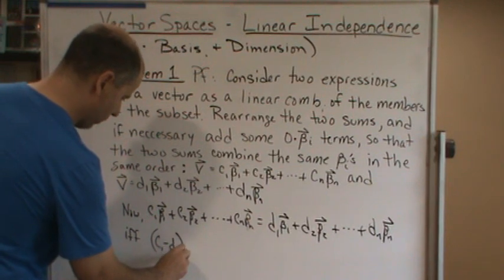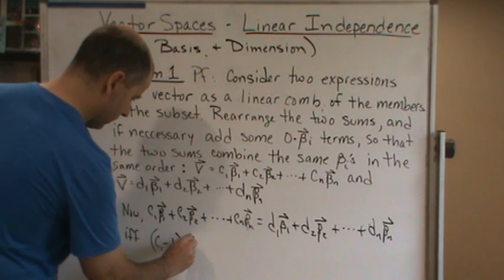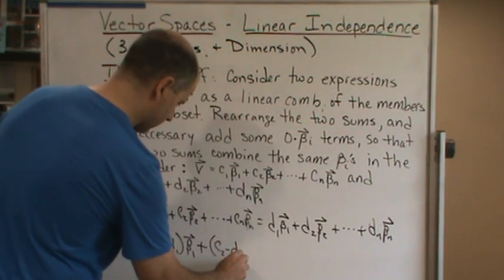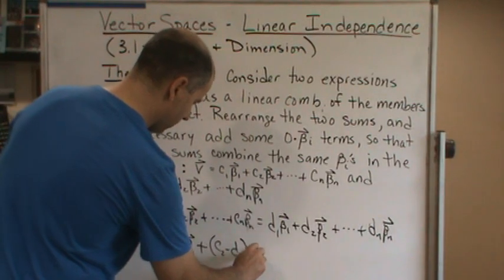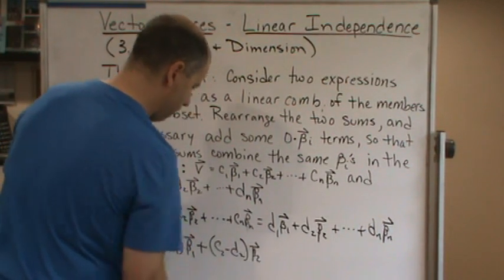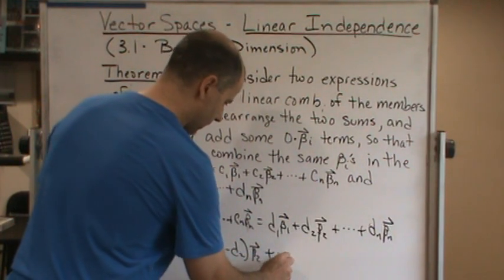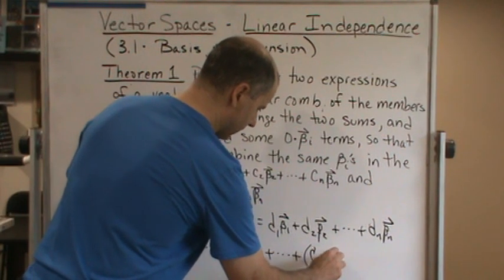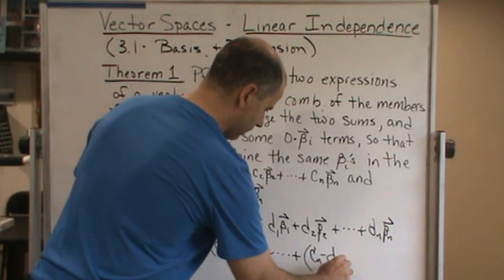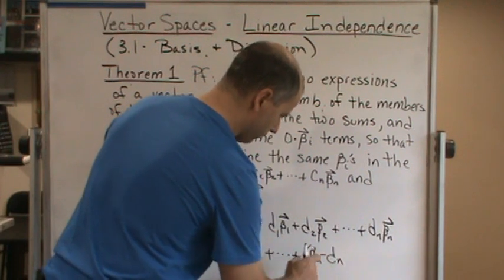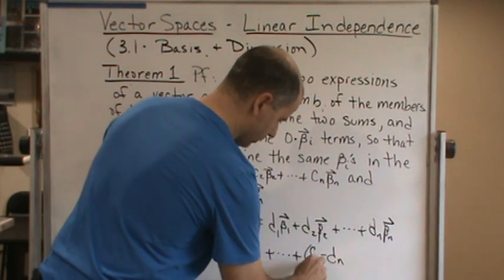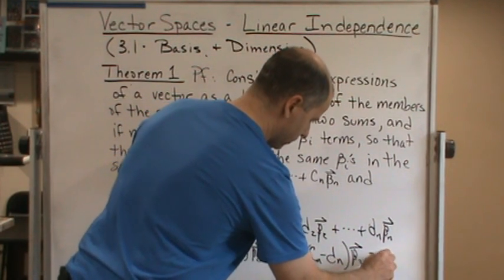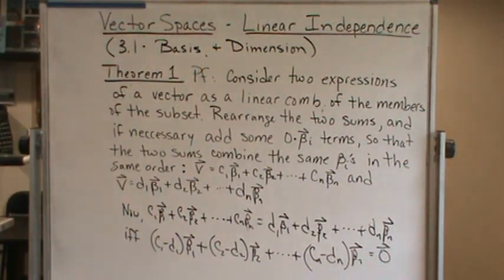C1 minus D1 times beta sub 1 plus C sub 2 minus D sub 2 times beta sub 2 plus dot dot dot plus C sub n minus D sub n times beta sub n is equal to the 0 vector, right?